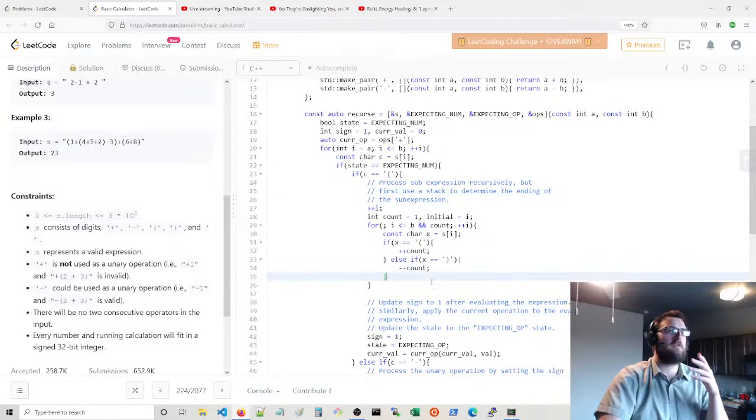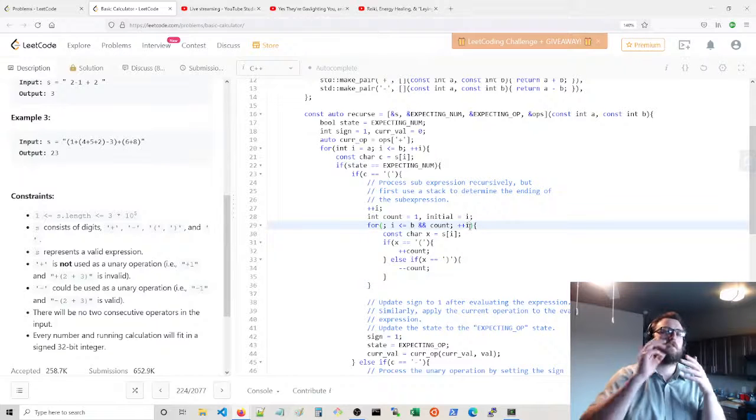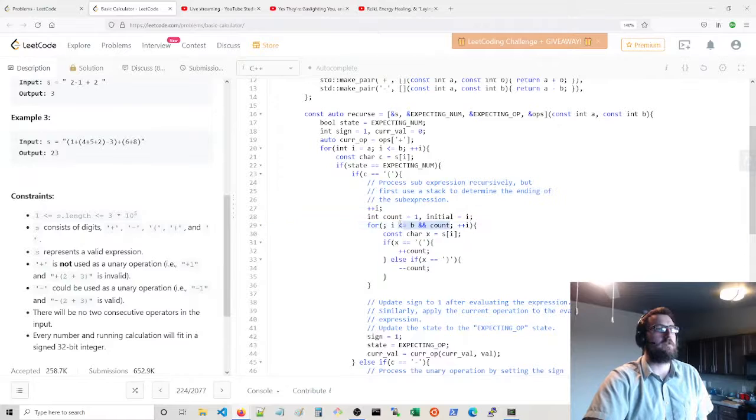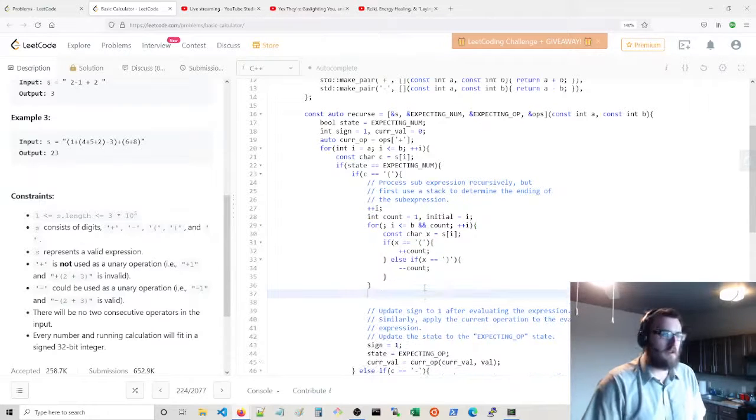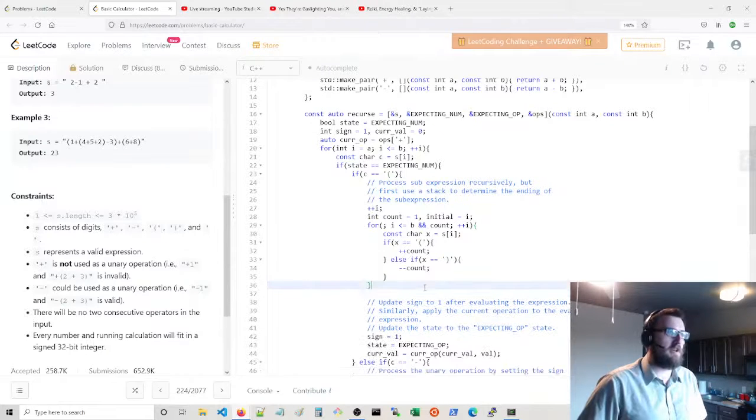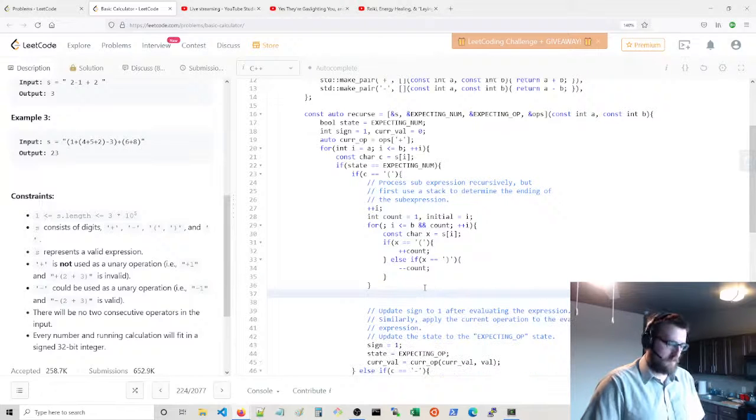We decrement the count to 0. We increment i again to move past that, and then we exit the loop, right? So we're always going to be past it. We're going to update, so i is in the right spot. i is past.